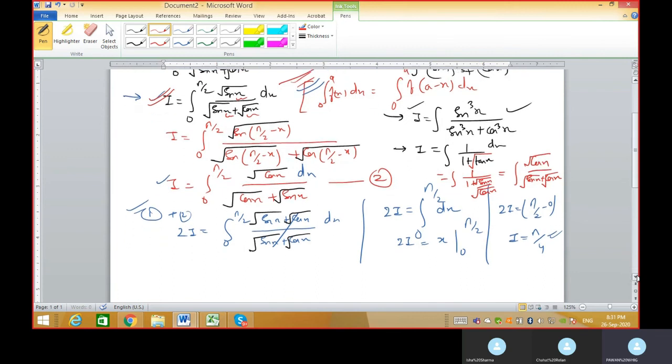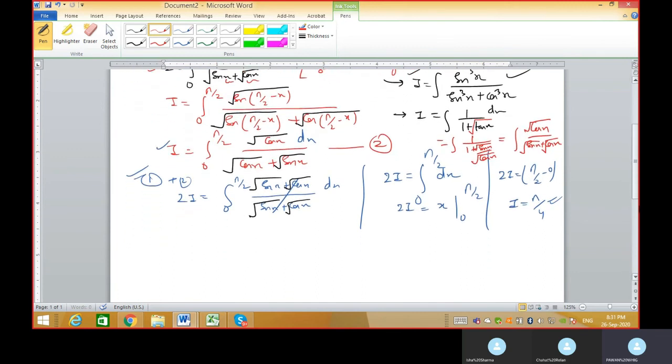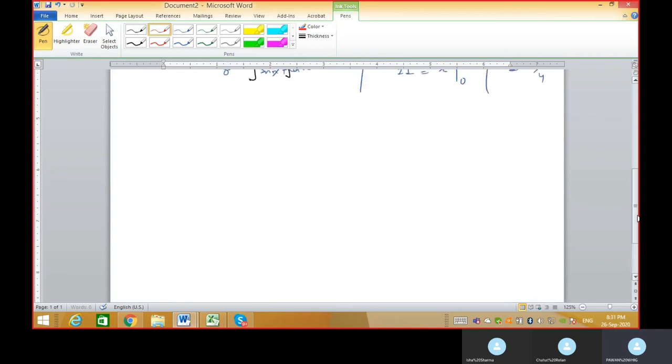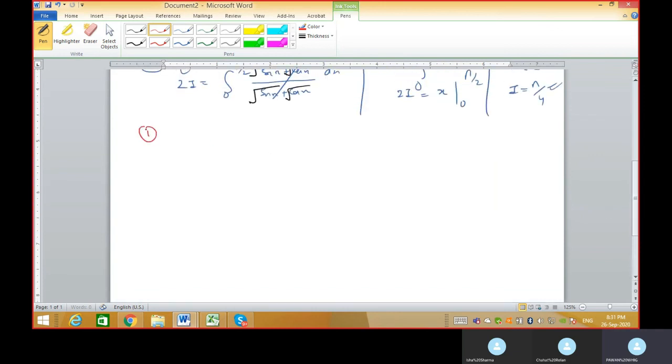So I'll write some forms in which it is asked in the exam, and will give you a hint also. The very first one is, and I advise you all to solve all these kinds of questions: 1 plus tan x. In this you just have to write it as sin x by cos x.